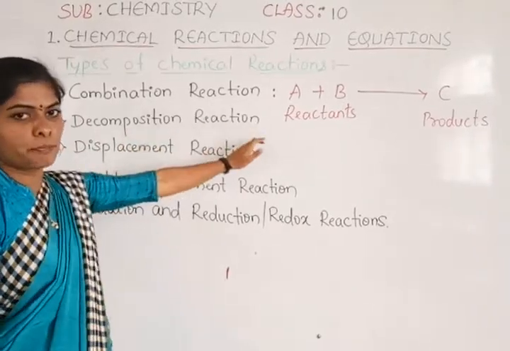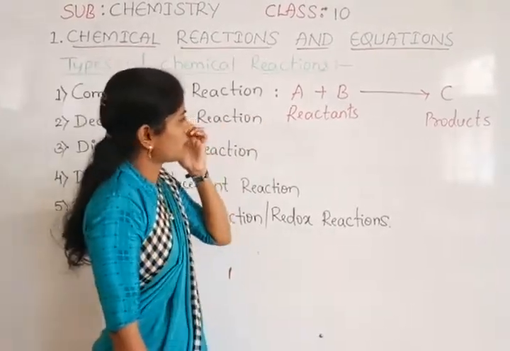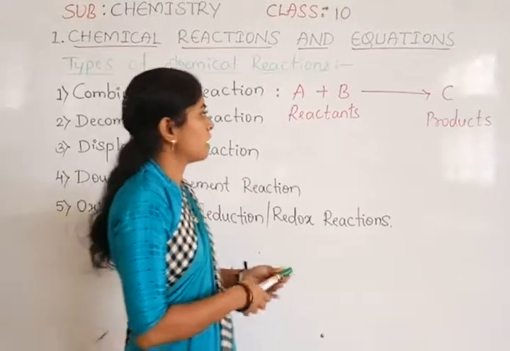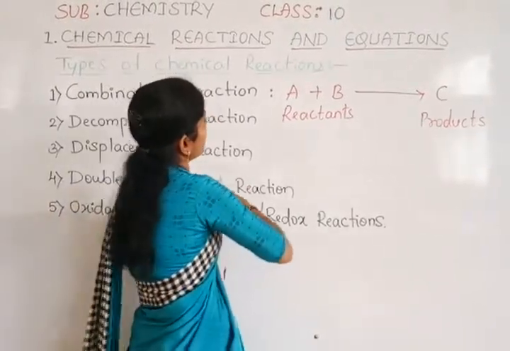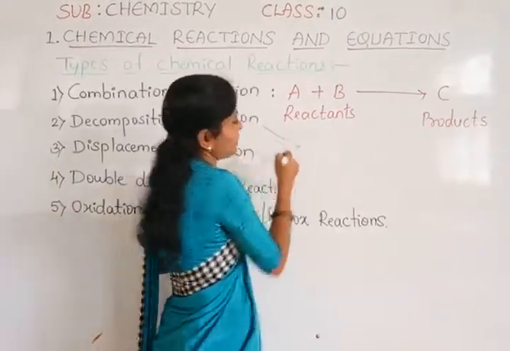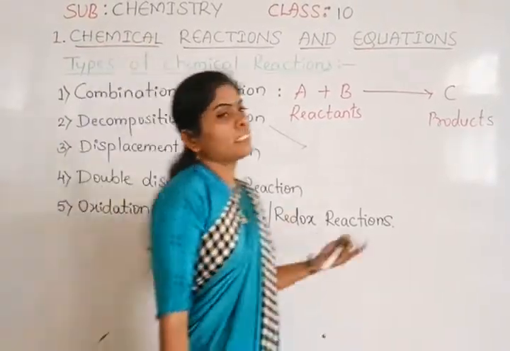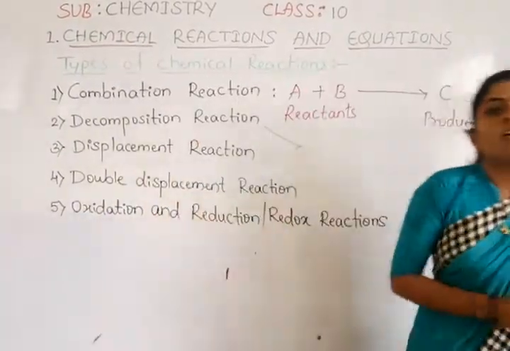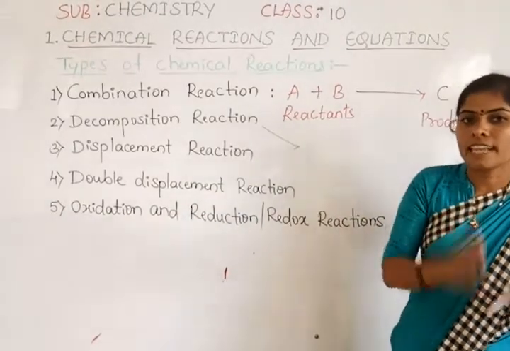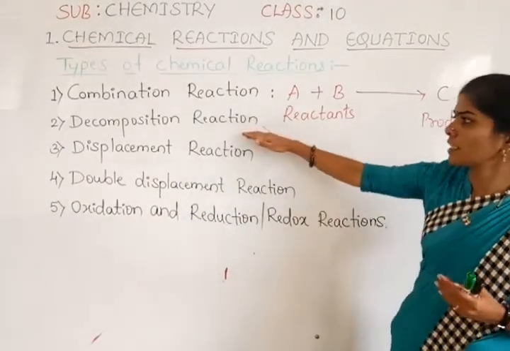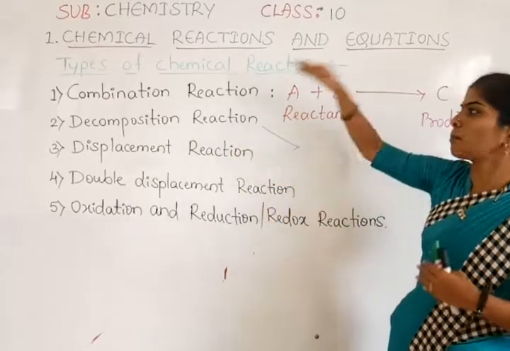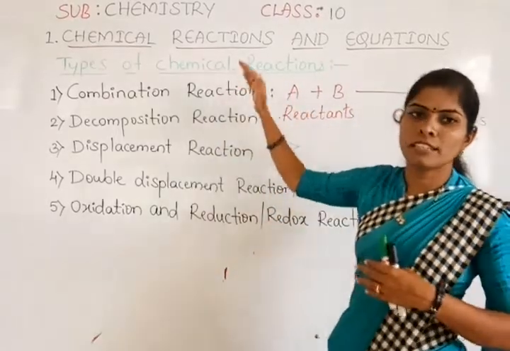The second type of chemical reaction is decomposition reaction. Already we have learned this. What is the decomposition reaction? It is exactly opposite to the combination reaction.